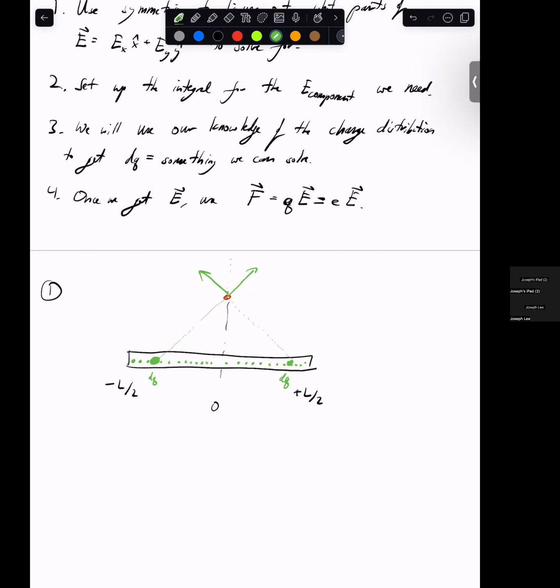Now, if we break apart these two vectors in terms of components, you'll notice that these blue arrows in the x direction are going to perfectly cancel out.